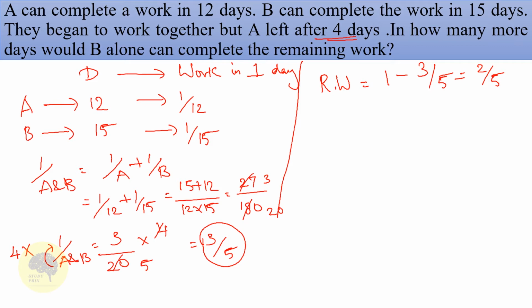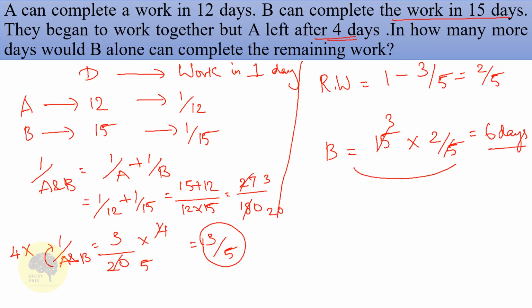And we have to do the remaining work alone. In the question it is stated that B alone can complete the work in 15 days. It is not supposed to do the entire work. Just B has to do the remaining work, which is 2 by 5. We will get 6 days. Therefore, B can complete the remaining work in 6 days.